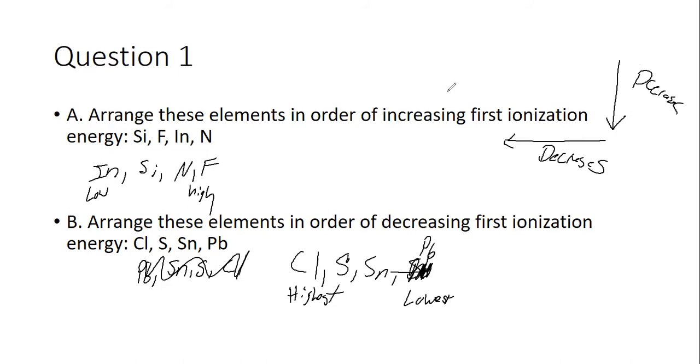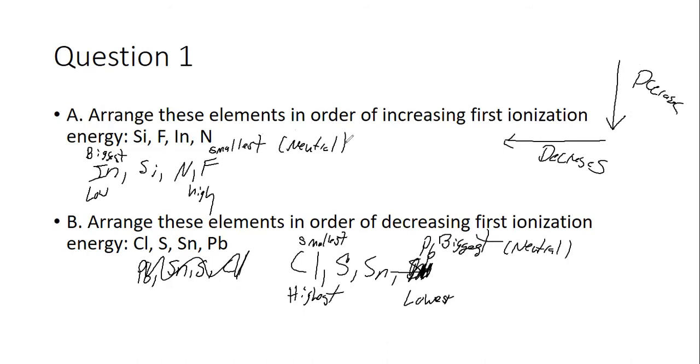So I can also put the sizes there, right? This is the biggest element. This is the smallest of these four. This is the biggest. And these are all neutral, by the way. So there is some correlation to size. It's just kind of reversed.